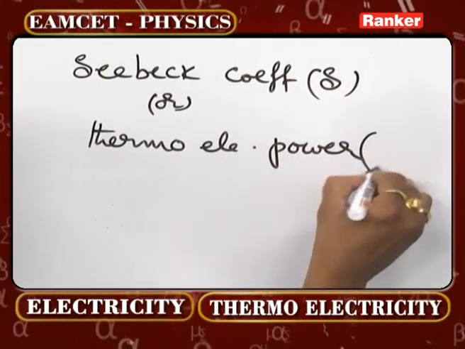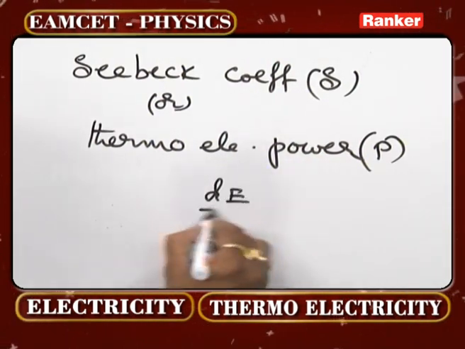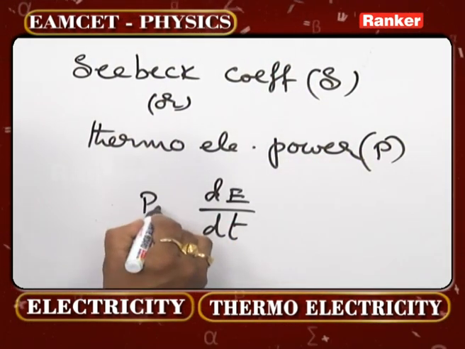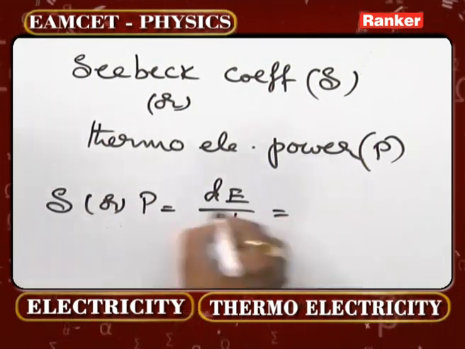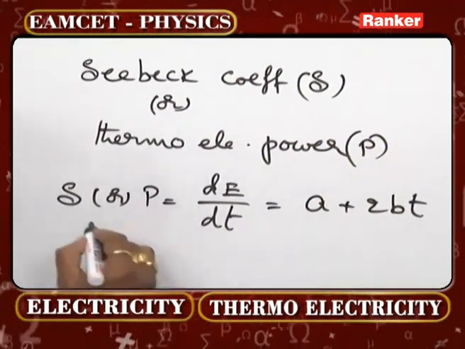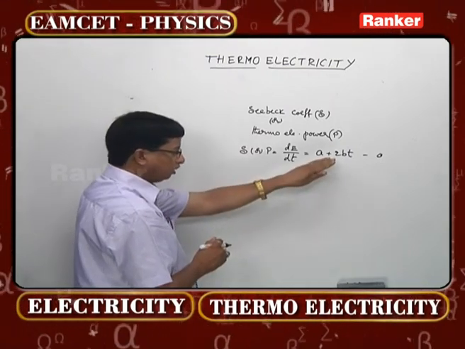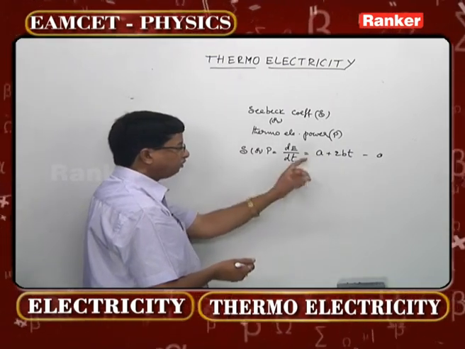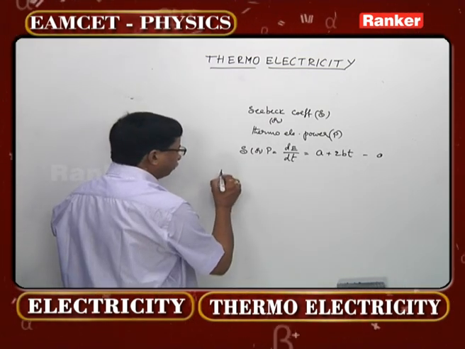Power means P. Officially it is dE by dT. That is what is called power or Seebeck coefficient. What is its formula? A plus 2BT. So at times they may ask you to calculate the Seebeck coefficient. That time this is the formula by means of which we can estimate that value.